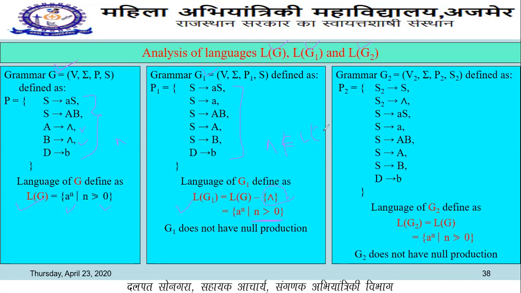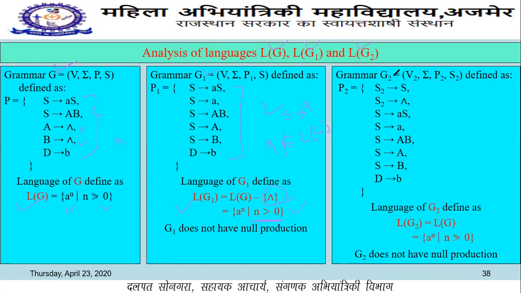You can see here, because AB is replaced and we don't have any production which replaces A and B, therefore we are not able to construct null. And of course S derives small a, so at least one single A is derived. So this is true.